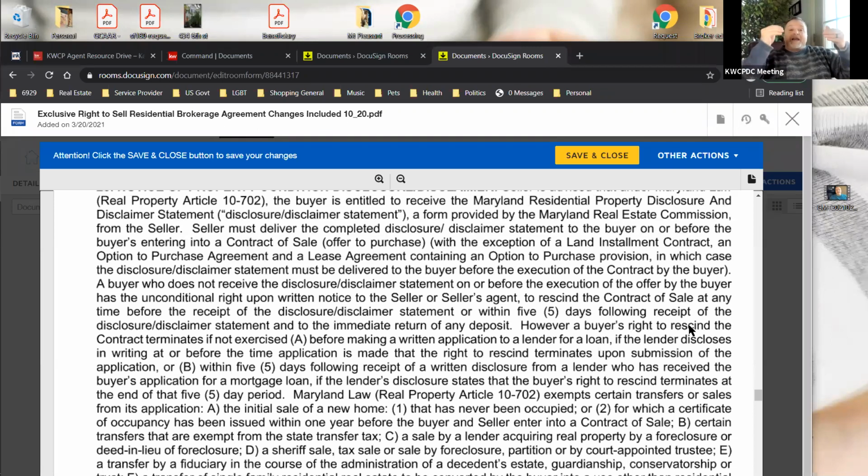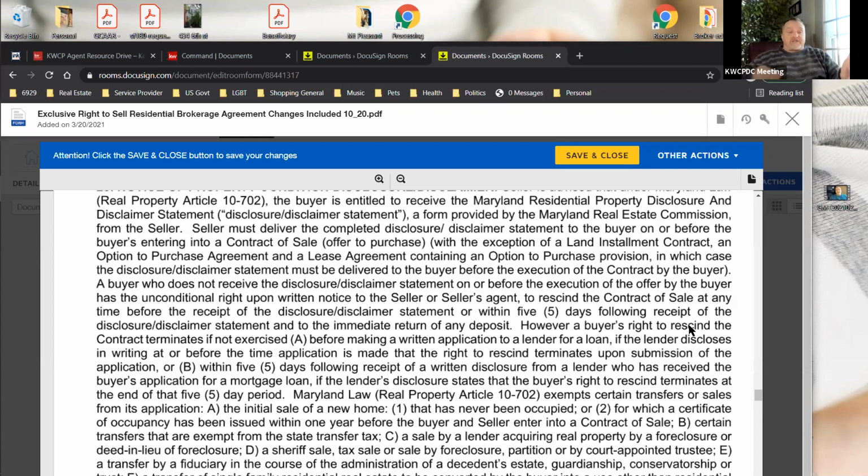So by not delivering it and letting it be available on demand, you automatically tack on an additional 5 days after delivery of that seller's disclosure, where the buyer could walk away.